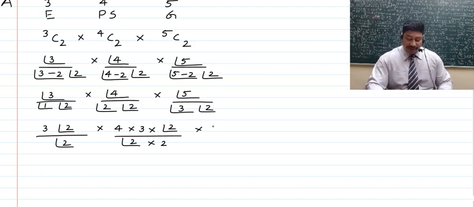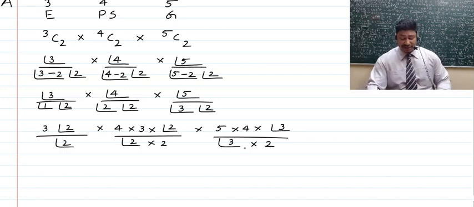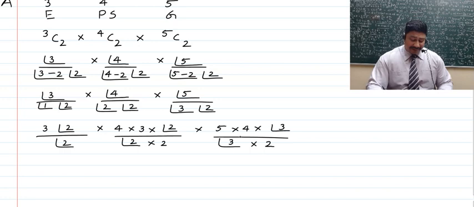Then factorial 5 can be written as 5 into 4 into factorial 3, and in the denominator we have factorial 3, which is going to be multiplied by 2 into 1, which is factorial 2, or it can be written as 2, as 1 is the multiplicative identity.